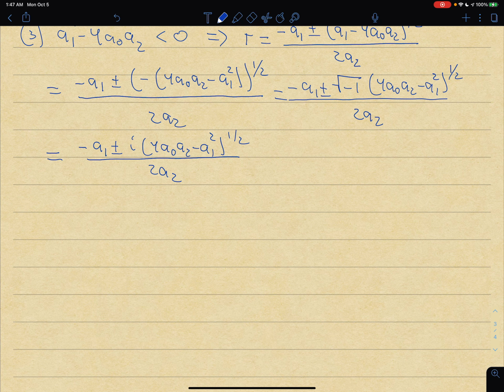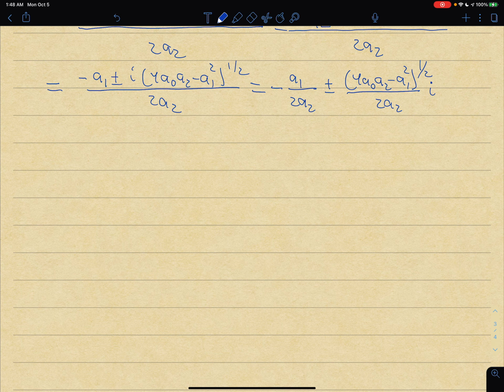And finally, I can split this into a sum of two things. Minus a1 over 2a2 plus or minus the real number that I have here, (4a0 a2 minus a1 squared) to the 1/2 divided by 2a2, and this has to be multiplied by this imaginary number i. And I'm going to introduce the following notation.